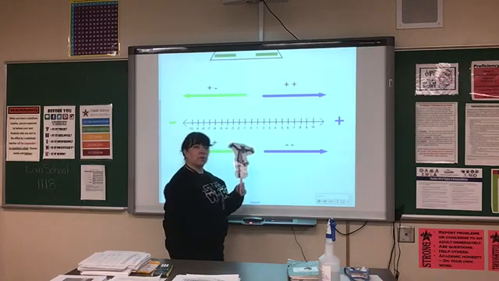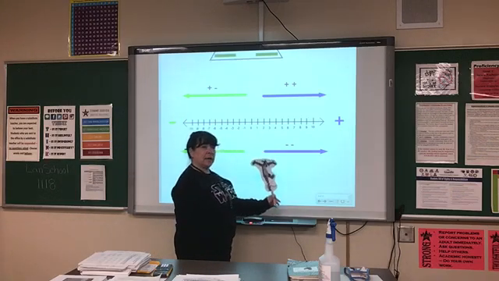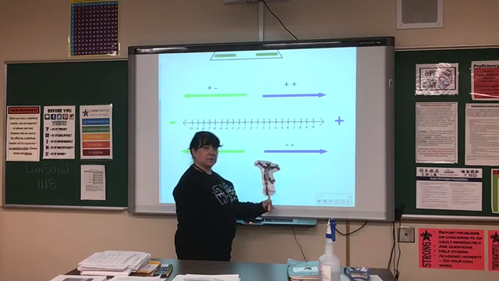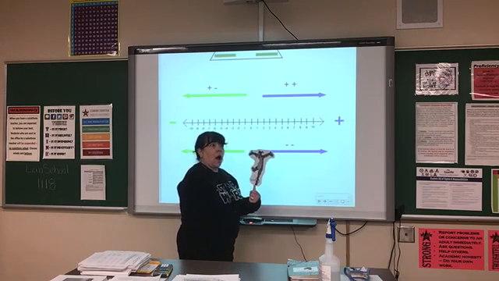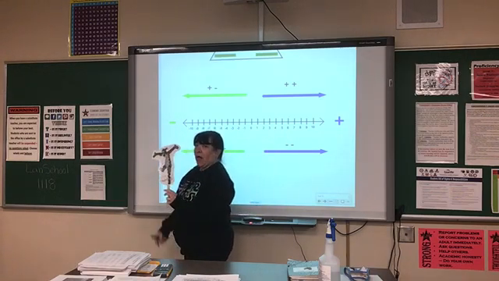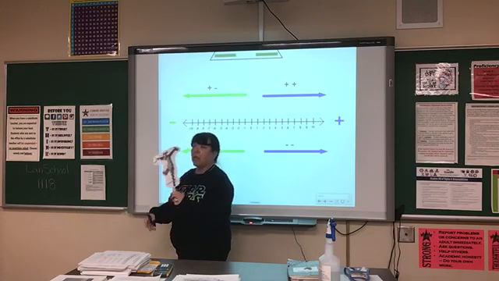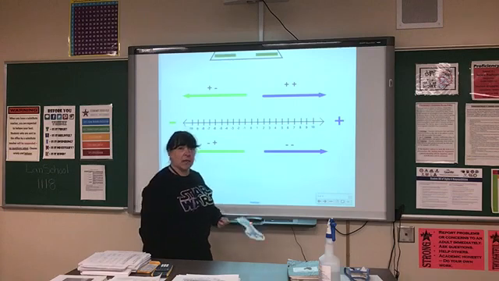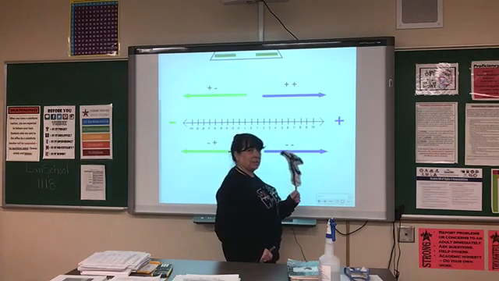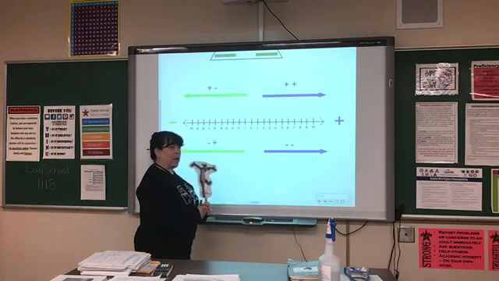So, when you're with Tigger, you always stand facing the positives. And if you're subtracting, you turn around, and then you end up facing the negatives. But our first number, depending on what sign it is, you'll either walk forwards or you'll hop backwards.